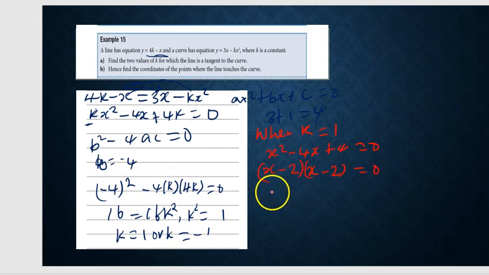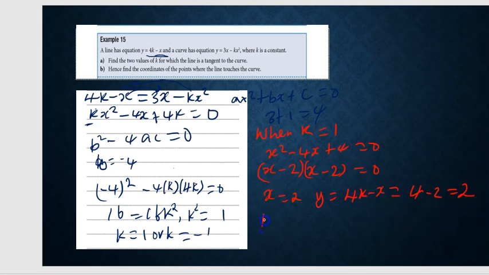So x will be equal to 2 when you solve, and y equals 4k minus x. So this becomes 4 minus 2, which is equal to 2.